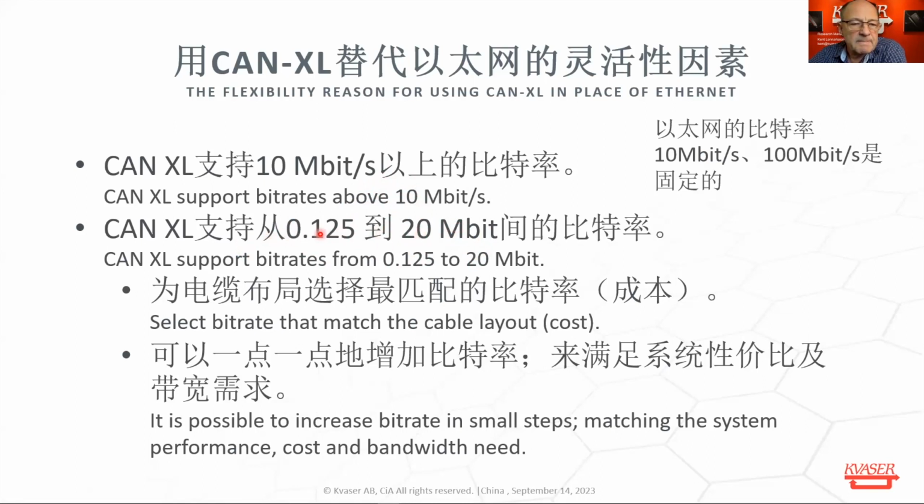So the good thing with CAN-XL is that you can select any bit rate up to 20 megabit, which is double the rate of Ethernet today. This makes it possible to match your cable layout and cost by using a bit rate that matches your bandwidth need against the cable layout and the cost of the cabling.